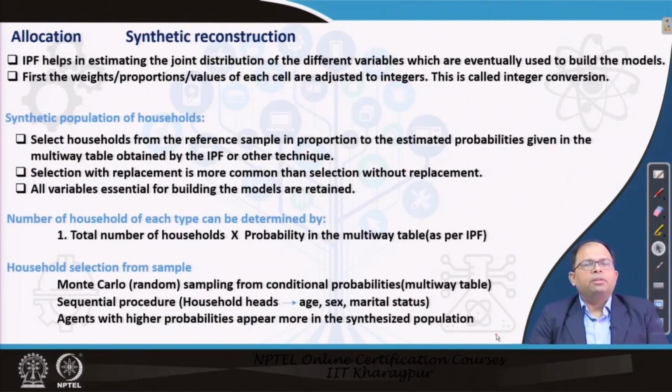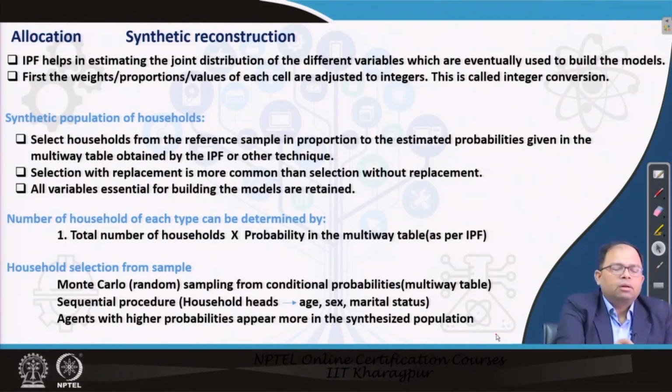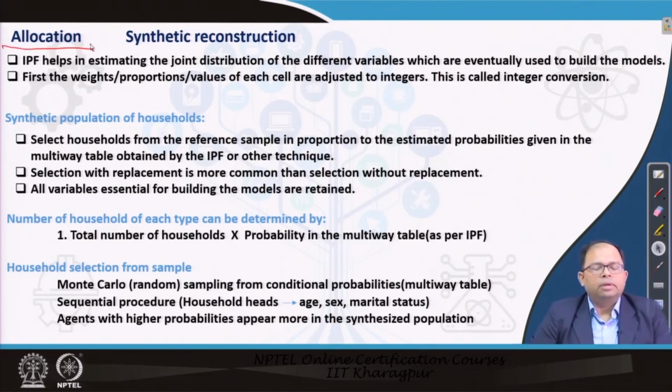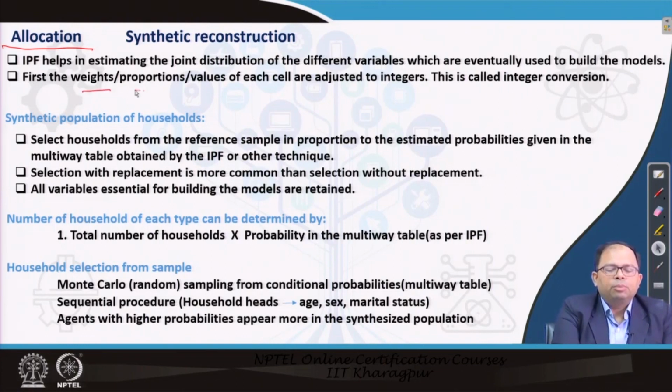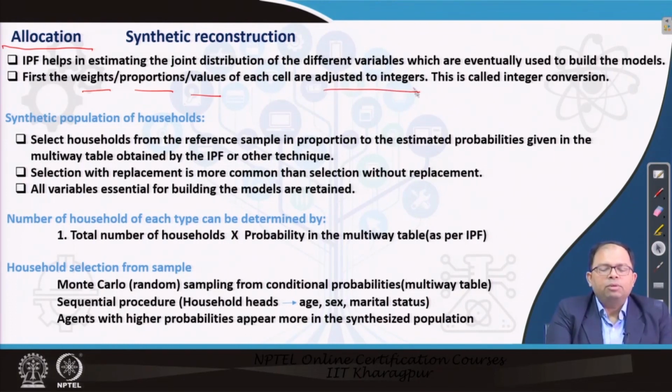So next, coming to synthetic construction or reconstruction of that particular population for that particular area, or we can call it allocation as well. While IPF helps in estimating the joint distribution of the different variables which are eventually used to build the models, that means we have cross classification tables and we determine the weights, proportions or actual values of each cell of this cross classification table using IPF, and then we adjust them to integers.